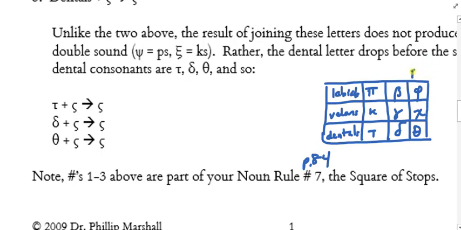These are in linguistics called fricatives. Isn't that a great word? You might want to know that if you're ever on Jeopardy. Fricatives. Okay? And then these are stops over here.